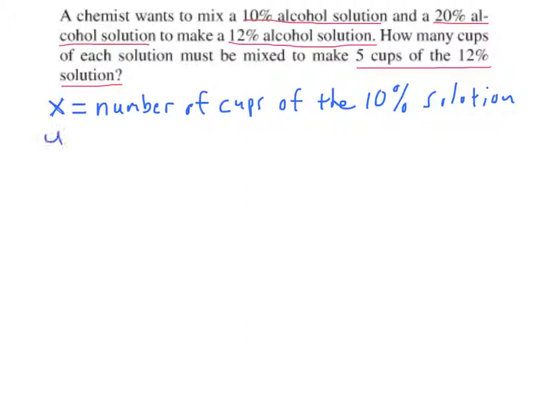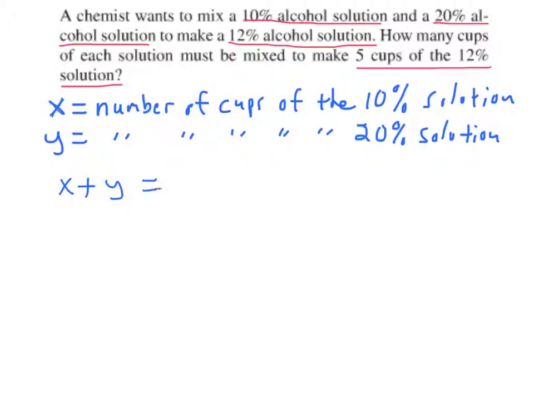And y would be similarly the number of cups of the 20% solution that need to be used. Now we're going to be mixing x cups together with y cups, and we want to end up with 5 cups. So that gives us one of our equations. x plus y equals 5.